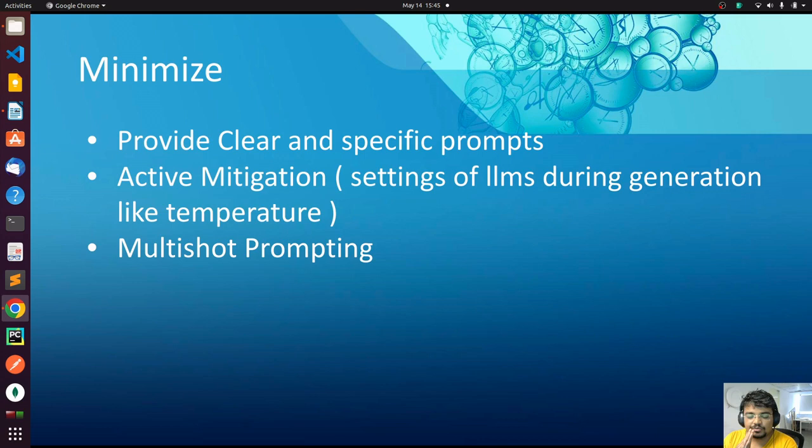There is a parameter called temperature, which defines how precise the response is to the input giver. And multi-shot prompting is basically, whenever you give an input, it creates different prompts from that input and then gives them to the LLM to give a proper result.